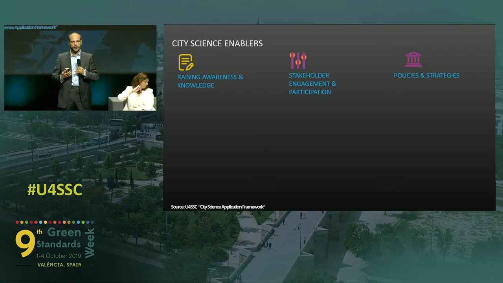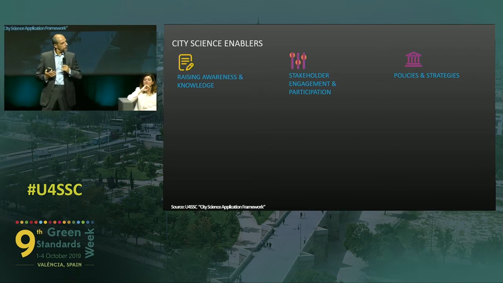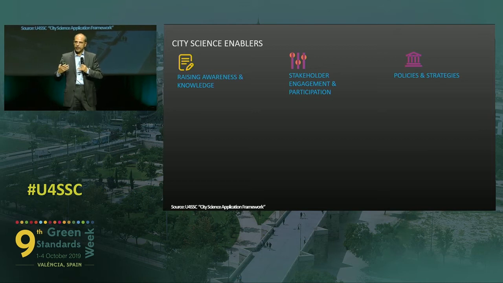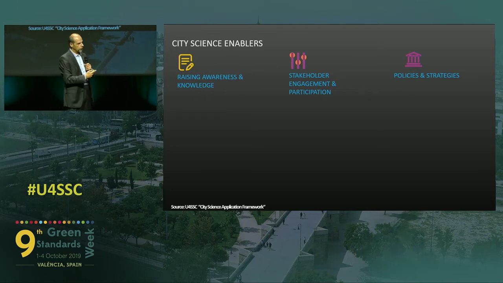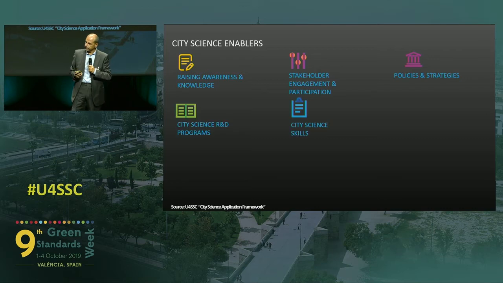We put them together. It gives a direction to the city in terms of what it wants to do. Strategies unify the efforts together and give us a single vision moving forward. So that's another enabler that the city can use for city science.